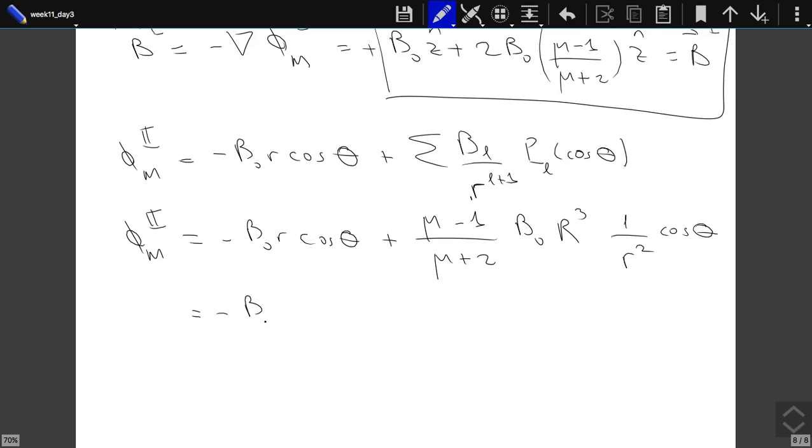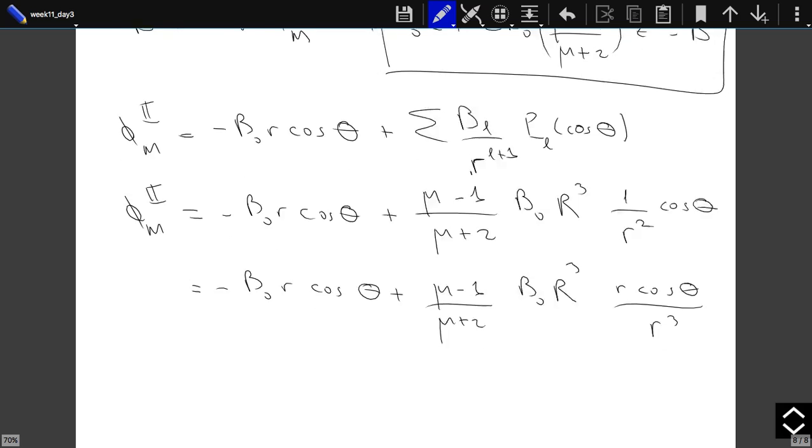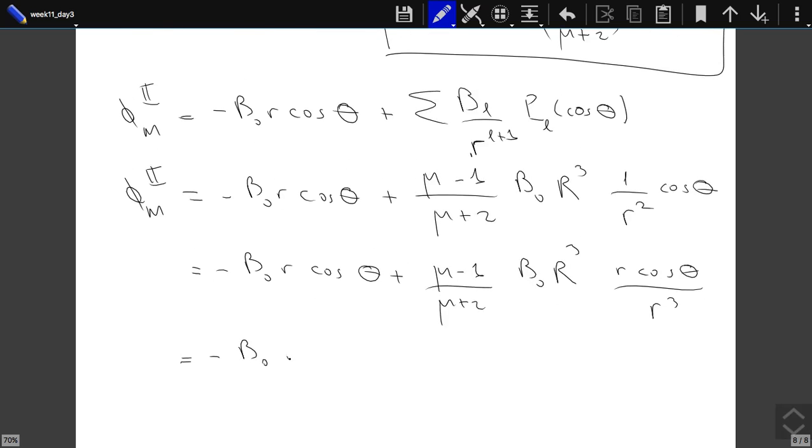Or let me just rewrite it in a different form: minus B0 r cosine theta plus mu minus 1 over mu plus 2 times B0 R cubed r cosine theta divided by r cubed, or minus B0 r cosine theta plus mu minus 1 divided by mu plus 2 R cubed B dot r over r cubed.